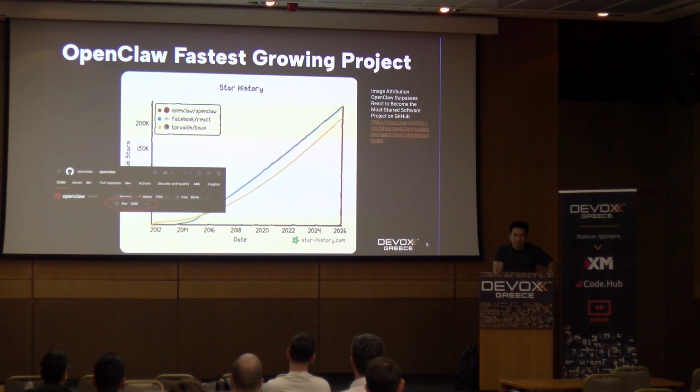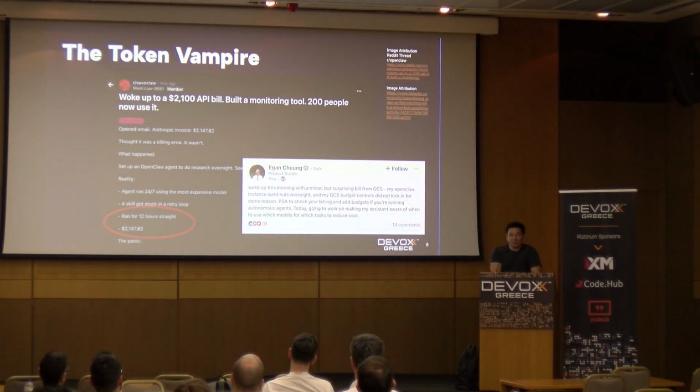Now, even though that was the cool, trendy thing to talk about, that wasn't, for me, the news story that people should be paying attention to. The first one was the security problems that it had, but I think this one is the actual story people should be paying attention to.